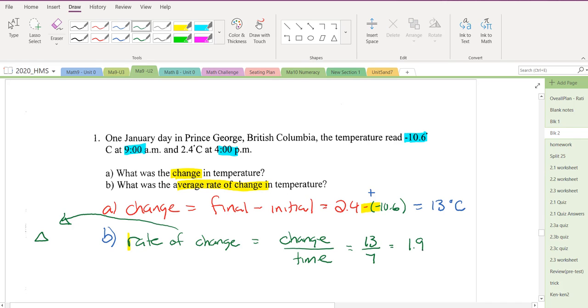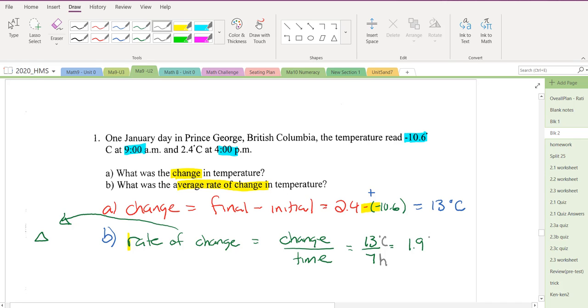Now, that's the numerical value. Rate of change has units. What could the units for rate of change be? Yes, Thea. Like degrees per hour? Yeah. So what you do is you look at your units in each part of the calculation. The top was 13 degrees Celsius, and your time was in hours, right?